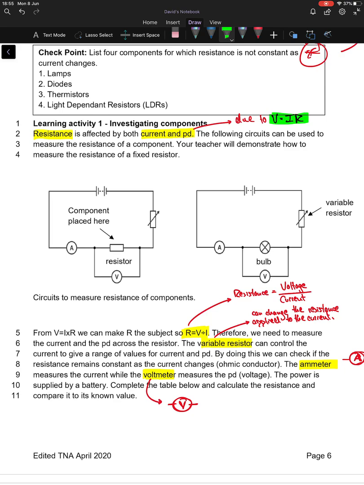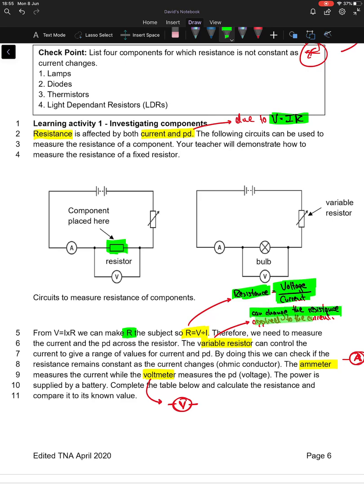So you've got two following circuits. Now, from V equals IR, we can also make R the subject of the equation. So resistance equals voltage divided by current. Therefore we need to measure the current and the potential difference across the resistor to see what it is.